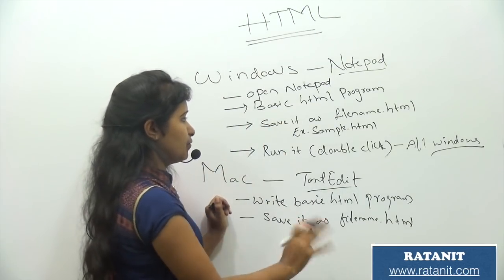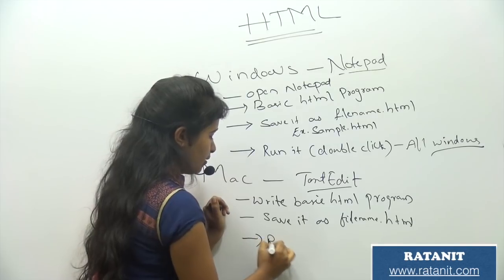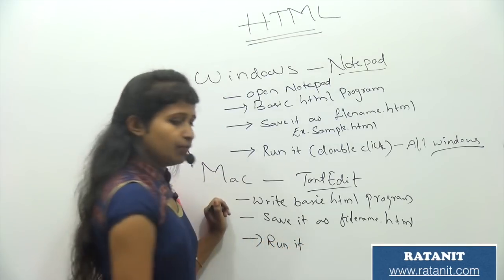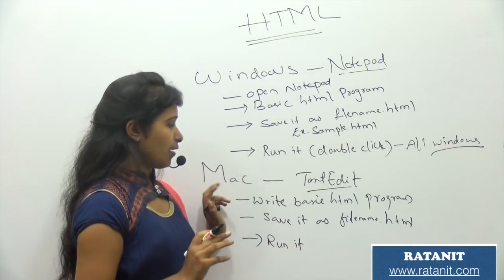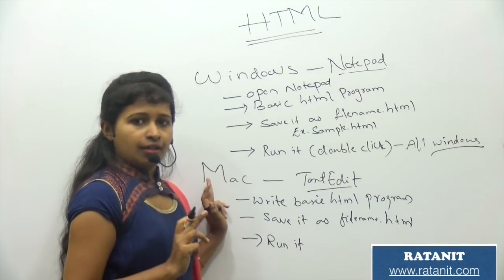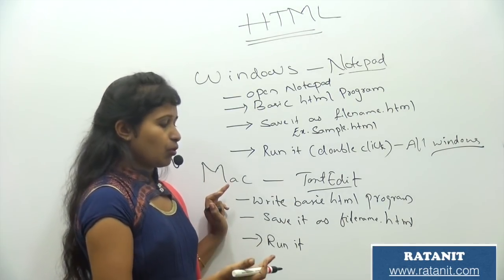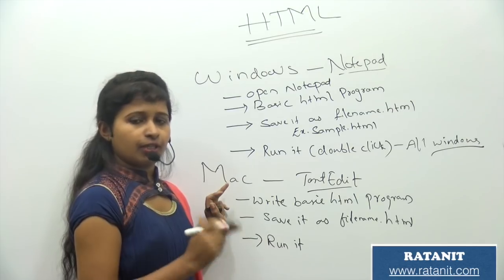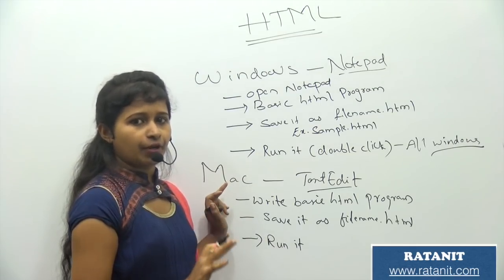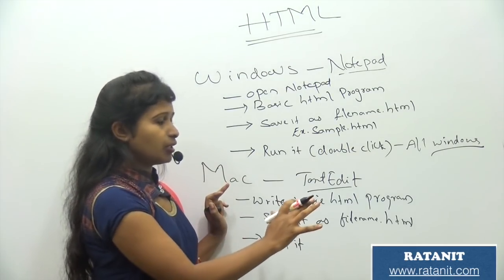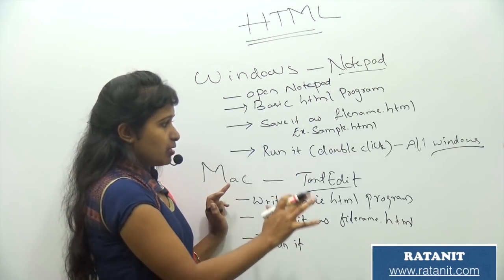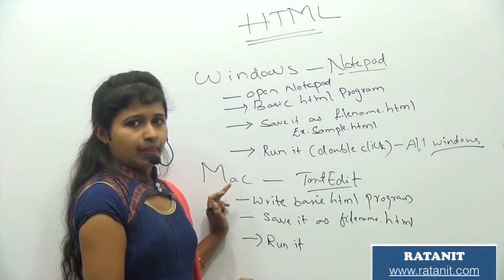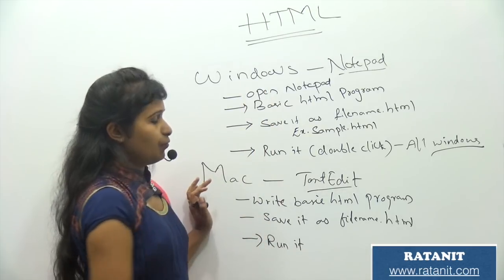Follow the same procedure and run it. If your Mac has Safari as the default browser, it will run there. If Chrome, it will run. If Internet Explorer, it will run. If Mozilla, it will run on Mozilla. Whatever the default browser is, it will run there. This is the basic thing you need to follow.